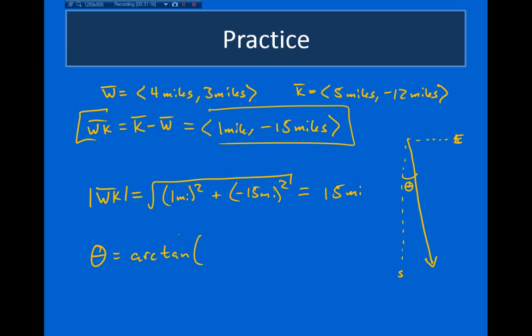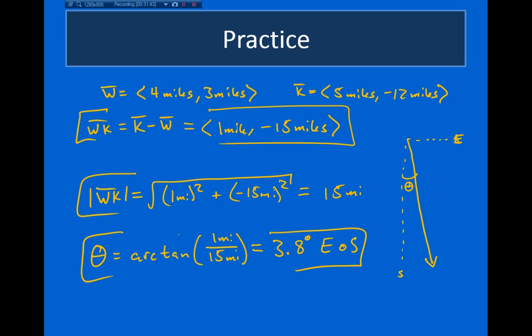So arctan, we want to take the east component, that's 1 mile, over the south component, that's the 15 miles. If you plug that into your calculator, the arctangent of 1 divided by 15 is 3.8 degrees. And looking at this picture, we can see that that angle was measured east of south.